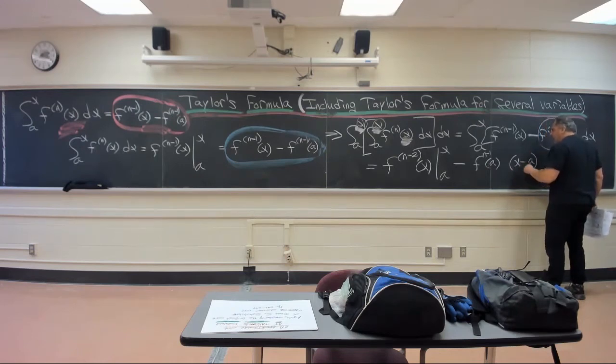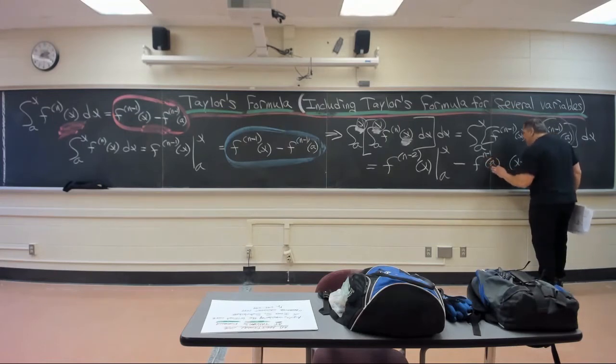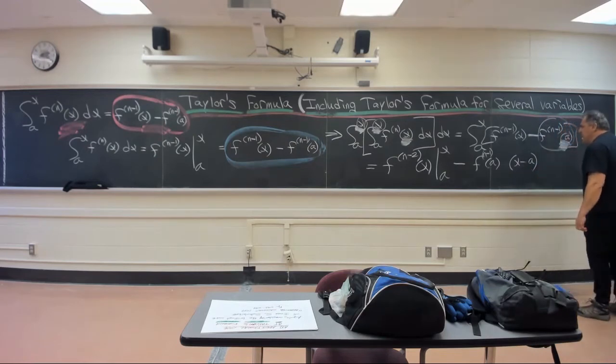Well, it's the n minus 1th derivative of f at a times x minus the n minus 1th derivative of f at a times a. So it becomes this when you actually do this.